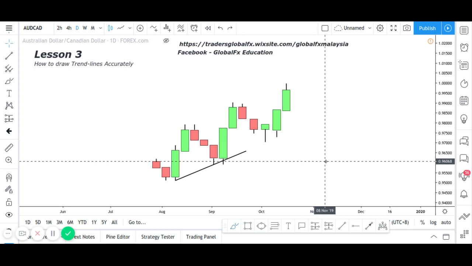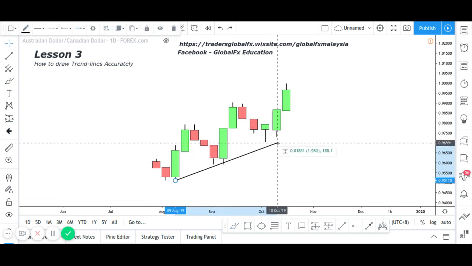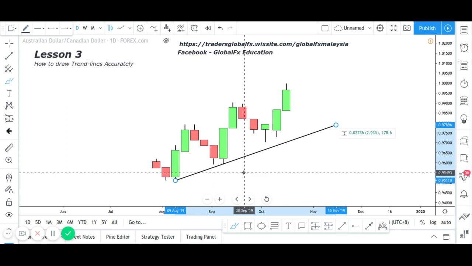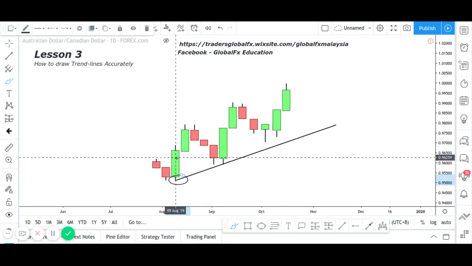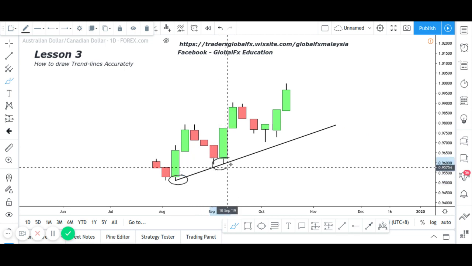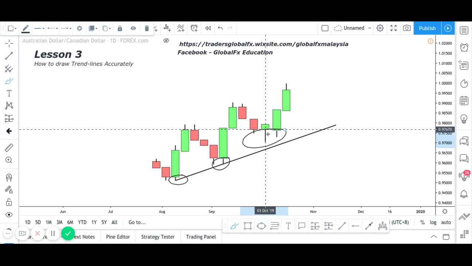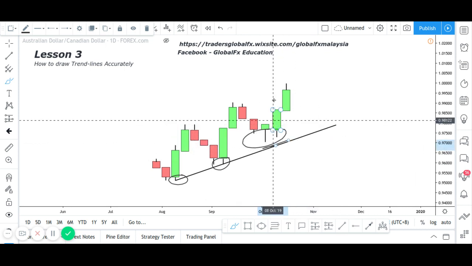Now, what happens if we had moved our trend line instead and we just touched the bottom of that wick on the second impulse? What we would have seen is that yes, we would have had two touches over here, but the problem is we definitely missed this move around here because it didn't touch our trend line over here.